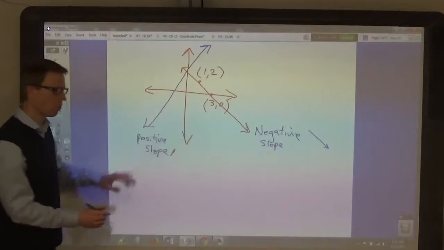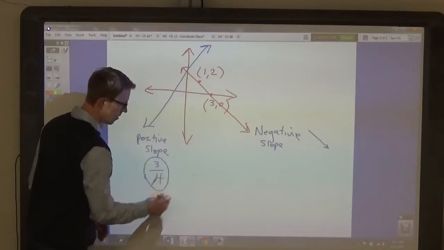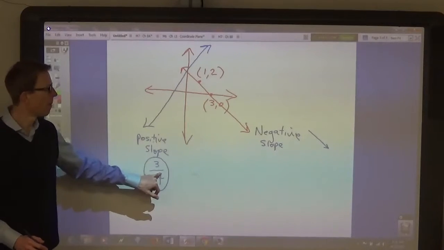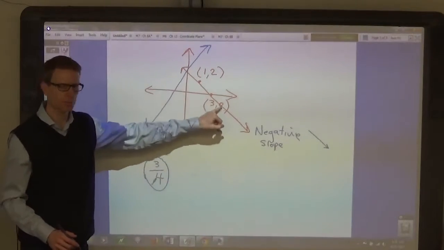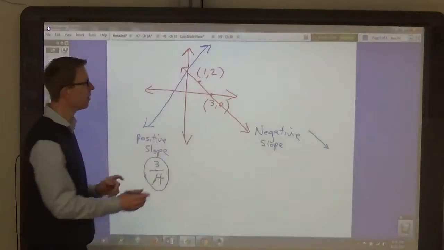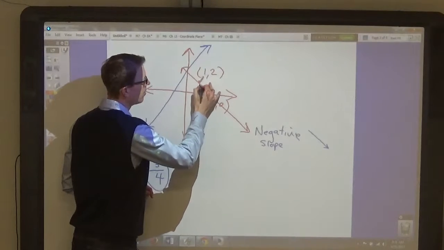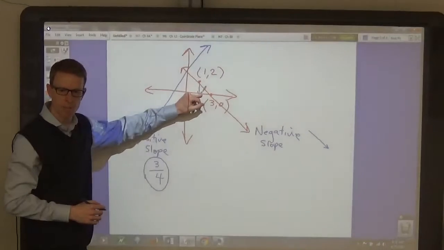Remember that positive slope was 3/4. That's positive, because there's no negative sign in it. So this one is going to be a negative slope. When you're counting, you're either going to count down first, and any move counting down is a negative number.